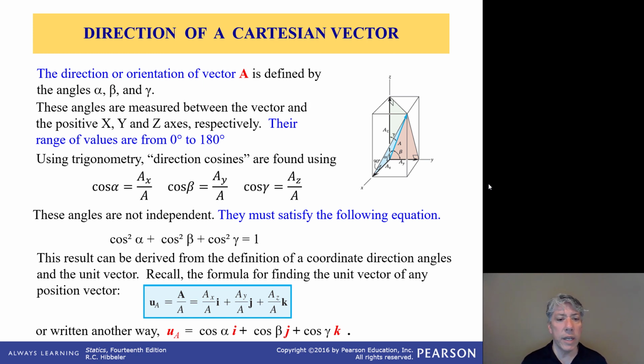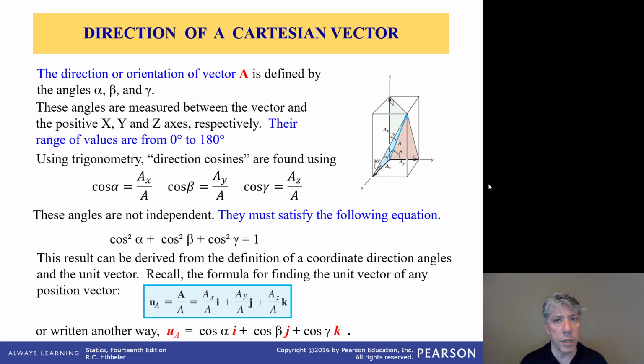And another way to write this would be to say, well, the unit vector that points in the same direction as A but has only magnitude 1, we could write by taking cosine of alpha, that would actually be the x component of that unit vector in the i direction, plus cosine of beta in the j direction, plus cosine of gamma in the k direction.